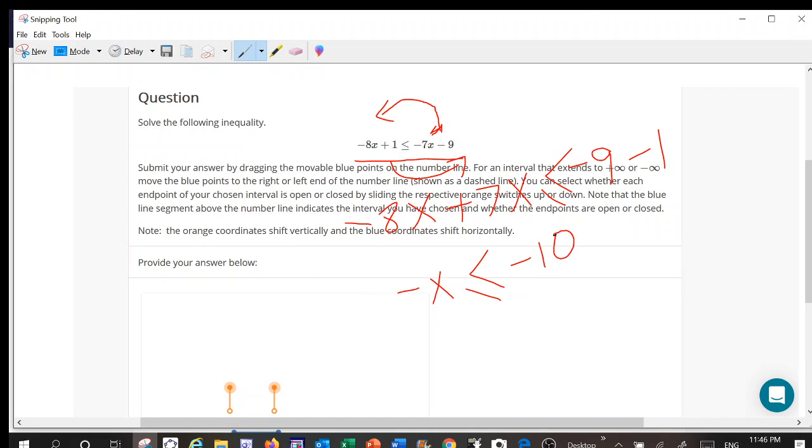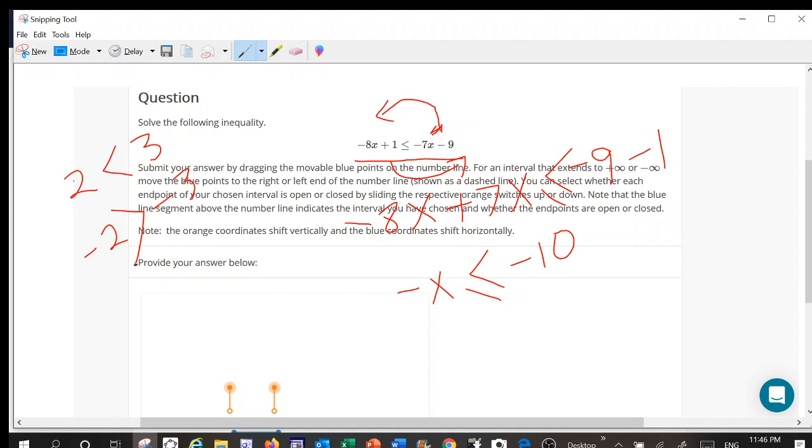Now we're not done because we have to divide by negative 1 to get rid of that negative. And with inequalities, if you divide both sides by a negative number or multiply by a negative number, you have to switch the inequality. Now I could give you an example. For example, 2 is less than 3. But if you divide both sides by negative, you get that, which is not true.